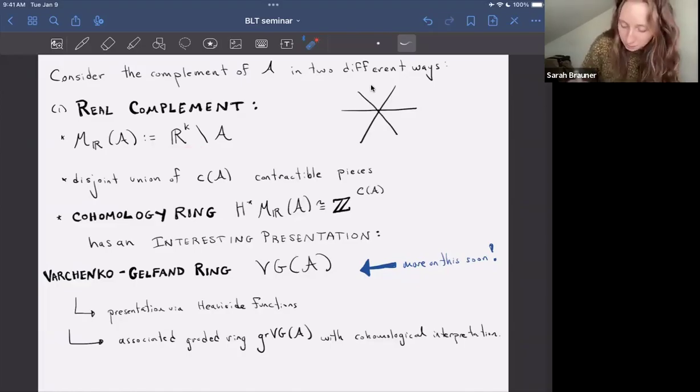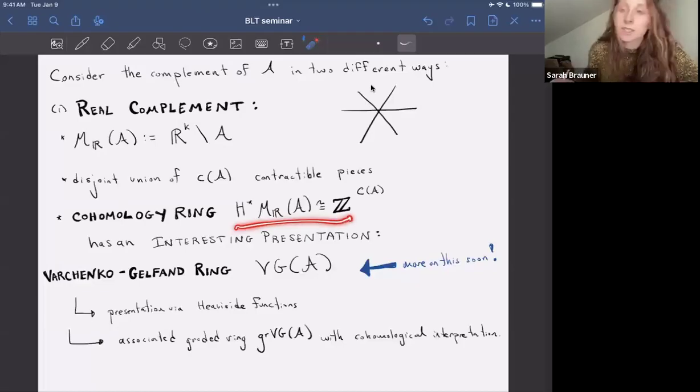You can visualize this: I have R^2 and I'm just removing these lines. When I do that, I get a disjoint union of contractible pieces, since these cones or chambers are contractible. So in some sense this is topologically a boring space because it's just this disjoint union.